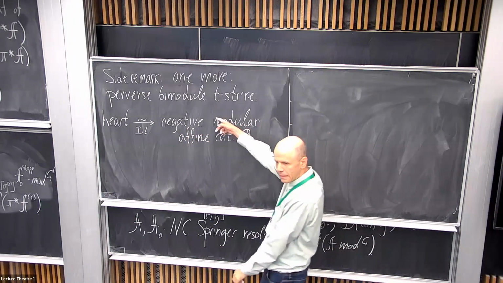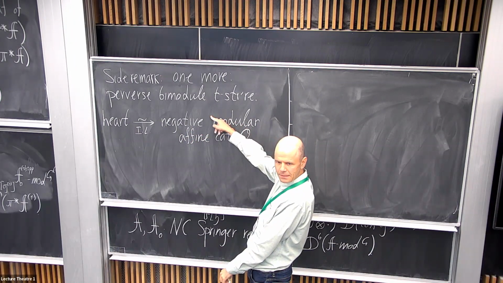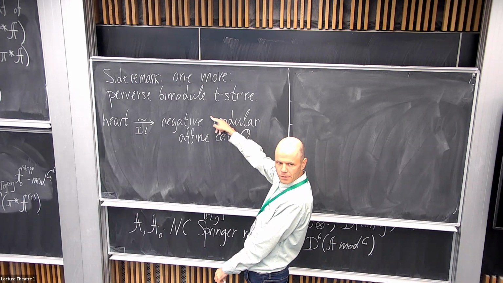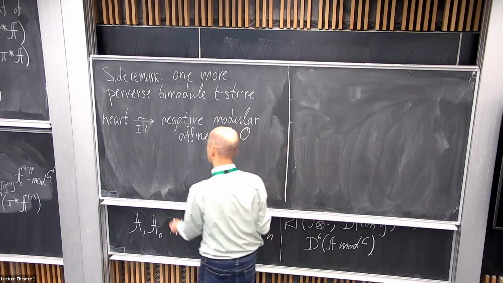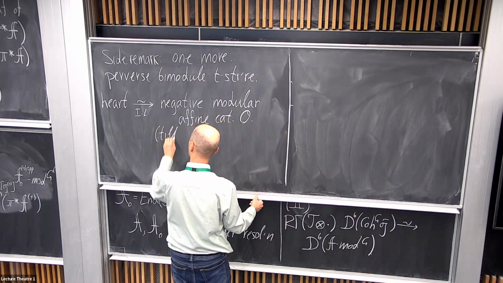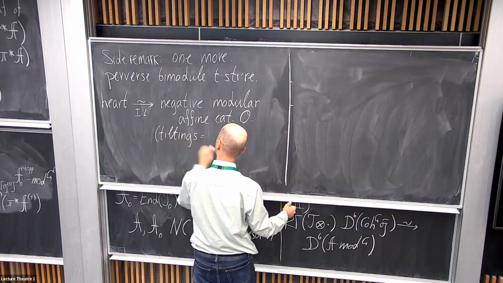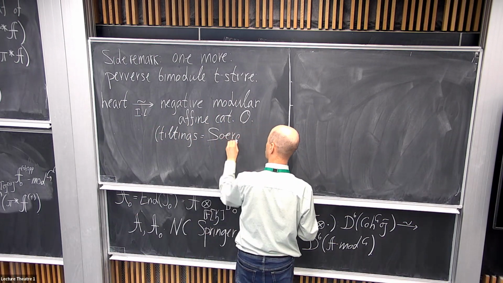And so that's the highest weight category, and a highest weight category can be understood by knowing what its tilting objects are. So its tilting objects are Soergel modules.